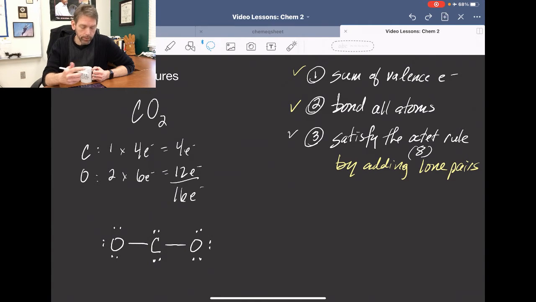But we have 20 electrons here. So what you have to do is start thinking, if I were to take a pair of electrons, knowing that they're moving, and move these electrons elsewhere, would there be a way to reshift them? Like this pair here, it's not between two atoms. This pair, it's not between two atoms.